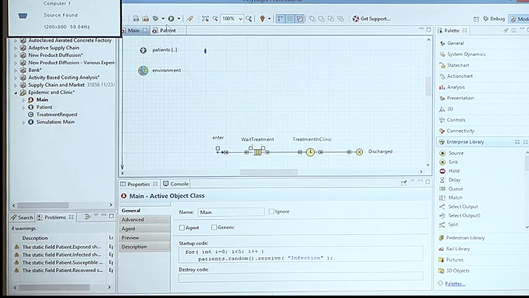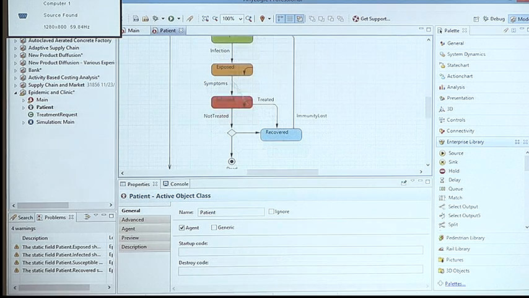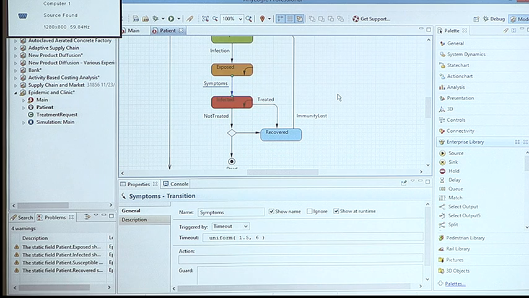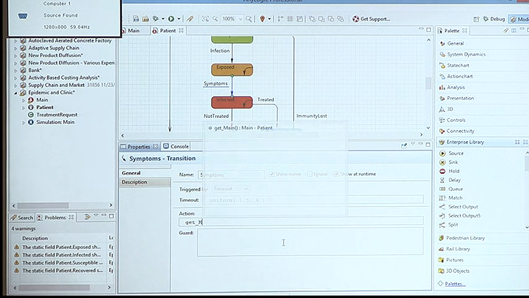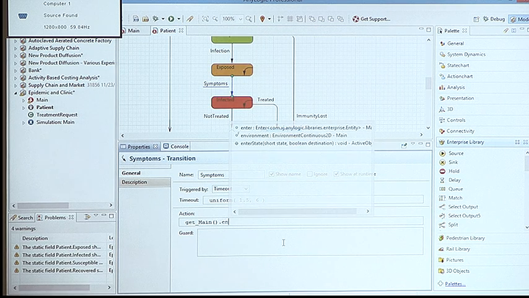So I'll go to the patient now, and I go to the symptoms. I discover symptoms, I request treatment. So we're in the transition symptoms, and here I will write. The clinic is at the upper level in main, so I say main, enter.